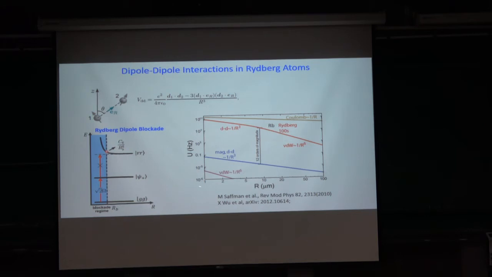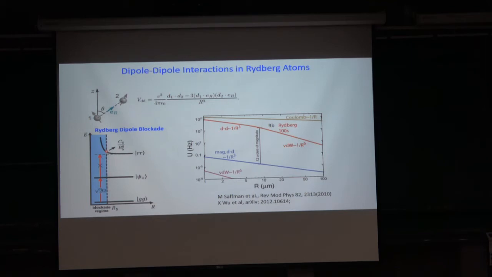The dipole-dipole interaction versus the internuclear distance: the interaction strength compared to the ground state atom can be quite large, maybe more than 12 orders of magnitude increase. If you convert that to the frequency scale, it can be around a few megahertz to maybe hundreds of megahertz interaction strength.